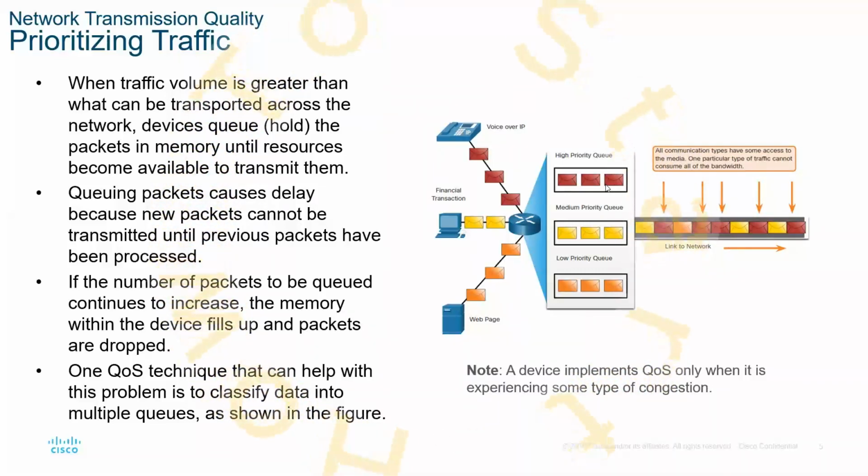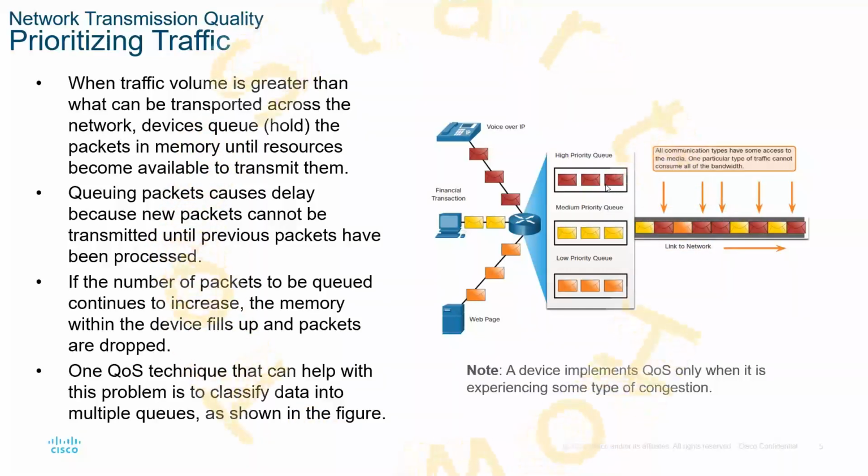And what ends up happening is the device, typically a router, will queue the incoming information. Basically, the queues just hold the packets, and when they're able to send them, then they send them. So queuing the packets causes a delay. That's one of the negative issues with them, because newer packets cannot be transmitted until previous packets have been processed.